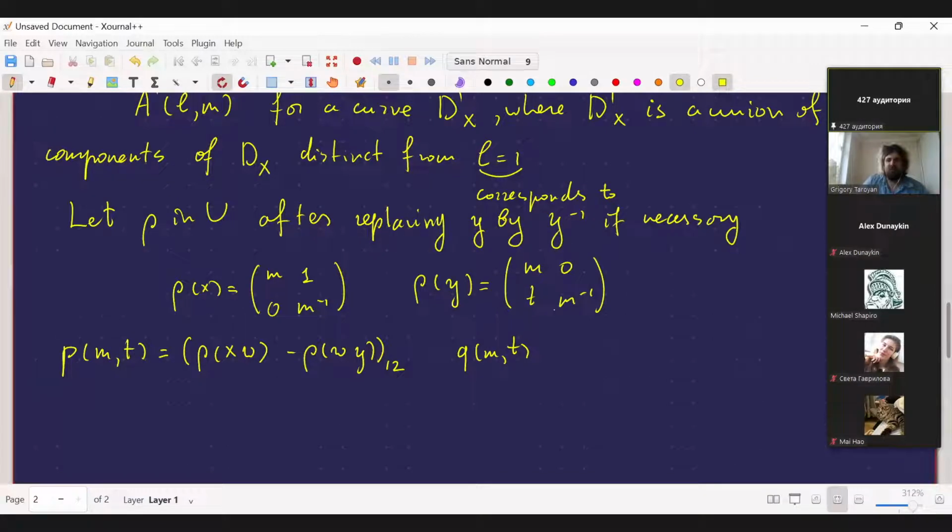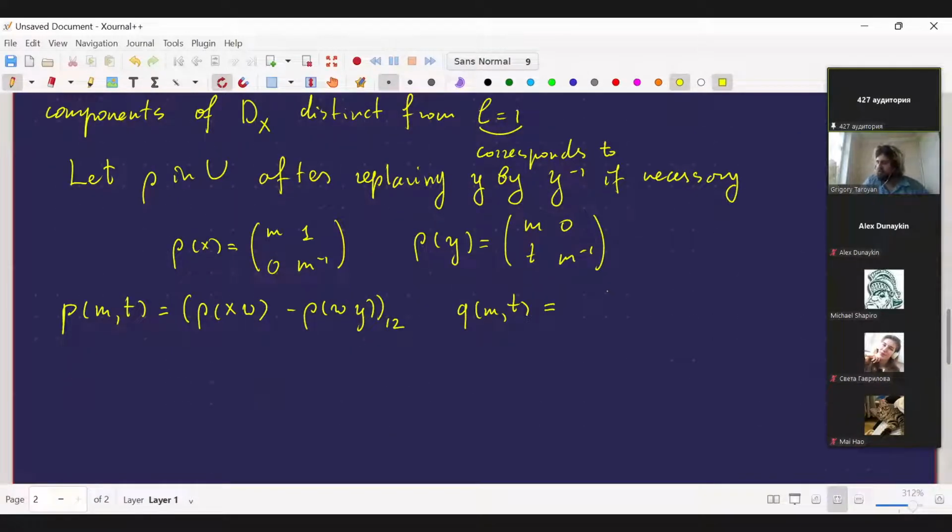Okay. So another polynomial which we define is the upper left. Wait, upper left. Yes. Okay. So sorry for interrupting. This form that you write is different from what you wrote before.